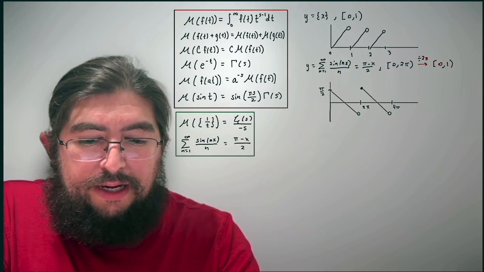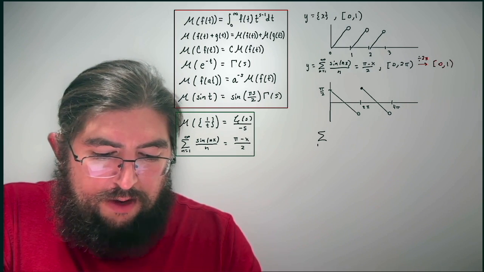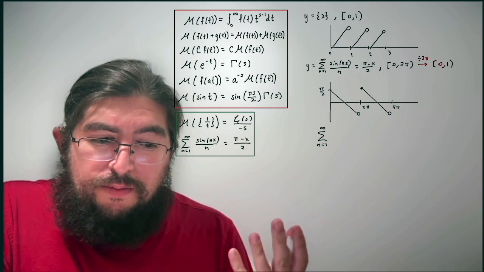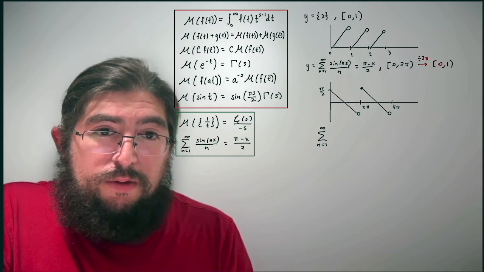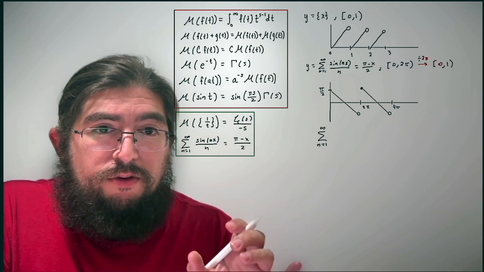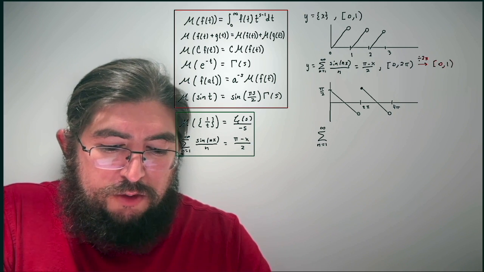Let's do that and see what happens to our sum. If we have the sum from n equals 1 to infinity of, you may think that I'm going to replace x with x over 2 pi, but in fact, because we want to divide the interval by 2 pi, we end up multiplying x by 2 pi, really replacing x with 2 pi x.